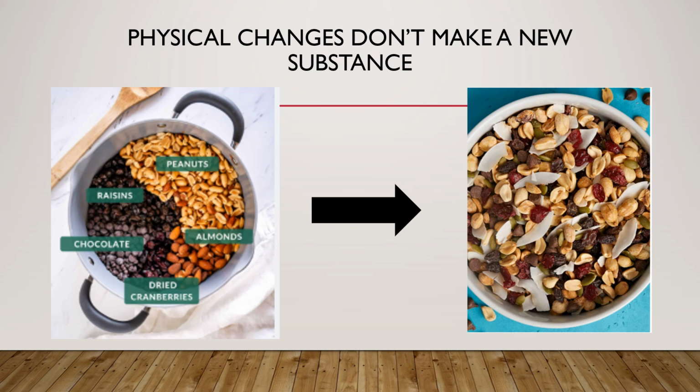Physical changes don't change the identity of the ingredients. Trail mix is a mixture that you could easily separate into various parts. You can tell by looking at trail mix that it is made up of several different kinds of ingredients. This is an example of a heterogeneous mixture. There are two types of mixtures, heterogeneous and homogeneous.